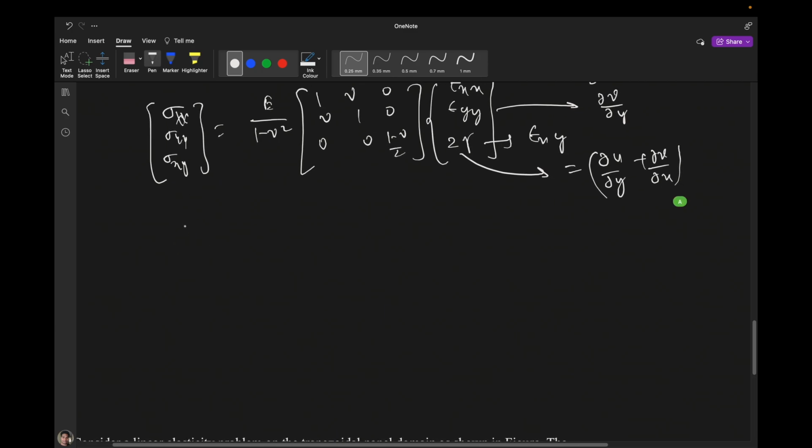So let's assume that u equals u1 n1 plus u2 n2 plus u3 n3, and similarly v is v1 n1 plus v2 n2 plus v3 n3. We are assuming it to be like this.